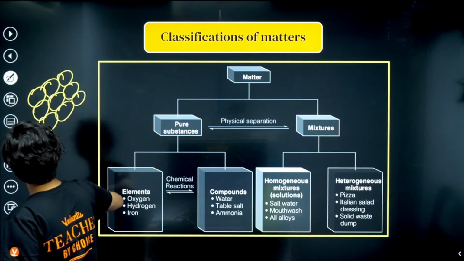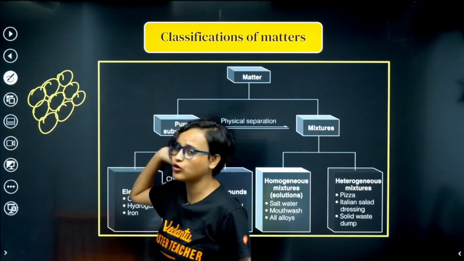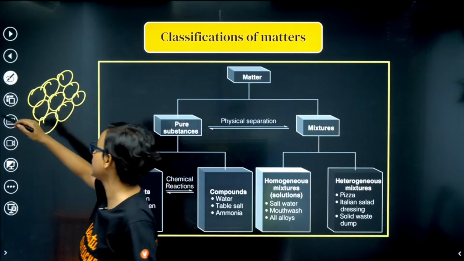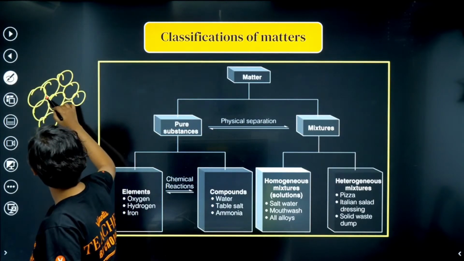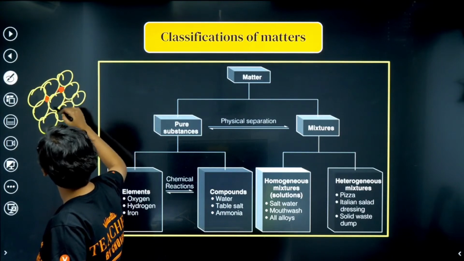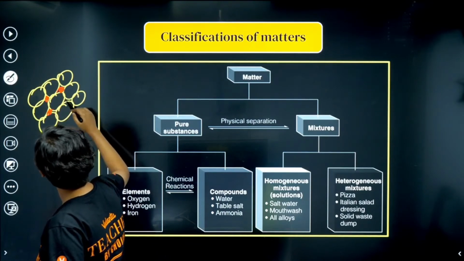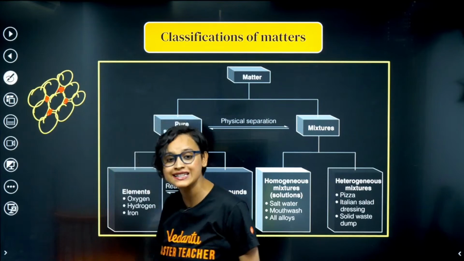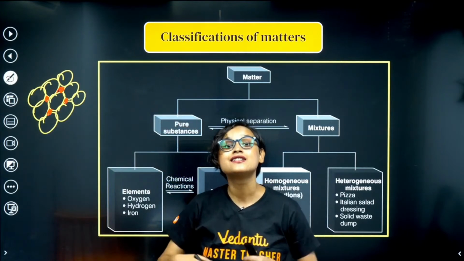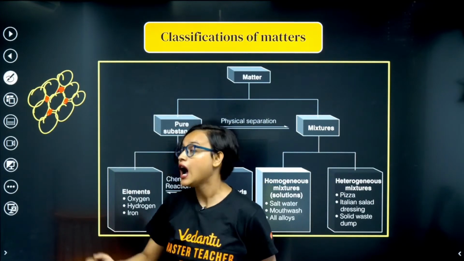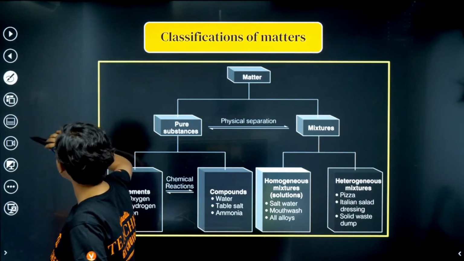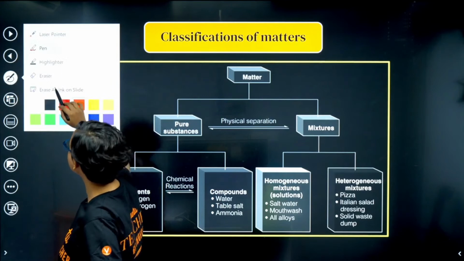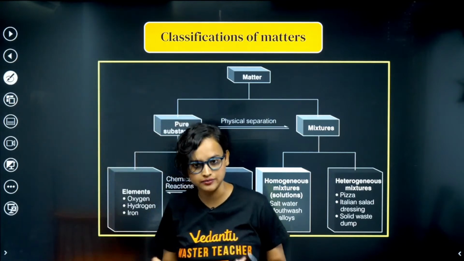Now this looks like pure gold because only gold atoms are here. Now what if I start adding some amount of silver here, some amount of copper here, some amount of bronze here. Is this pure? This is not pure anymore. I wanted pure gold. If I wanted pure gold, then obviously there had to be only gold atoms.